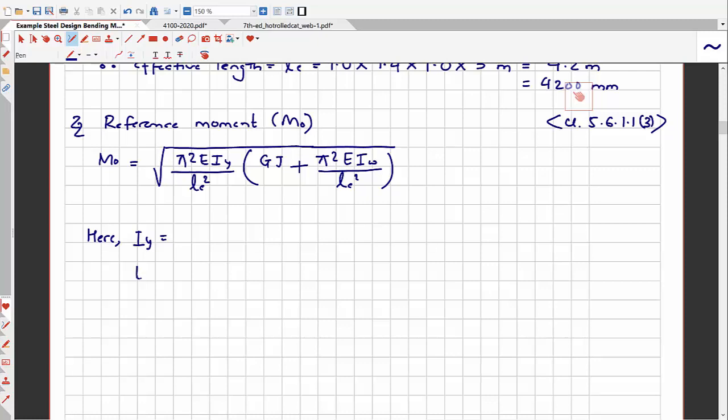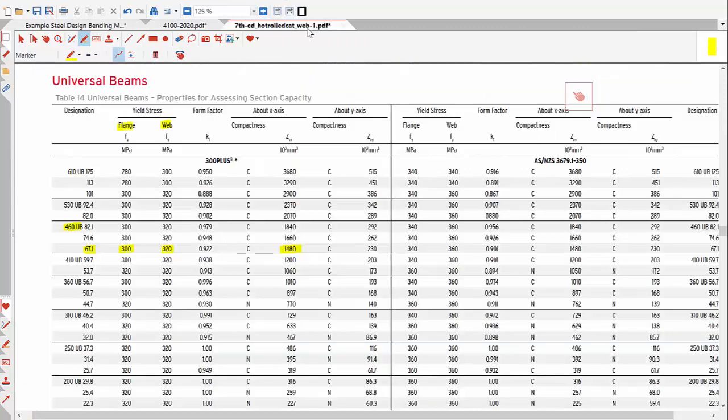Similarly, we need the Young's modulus of steel, which we already know is 200,000 megapascals. And we need G, the shear modulus of steel, which is 80,000 megapascals. We need the J factor, and we need Iw, the warping constant, and the effective length we already have as 4200 millimeters.